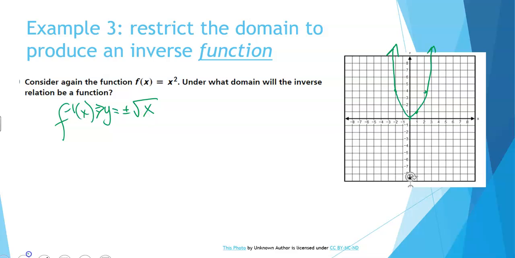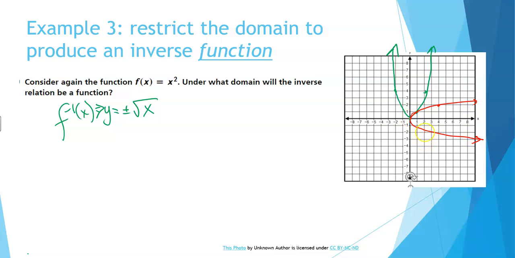Remember when we did that? So let's go ahead and do that one. It goes this way, and then 4 becomes 2. So it kind of goes like this, and then does the same thing down here.